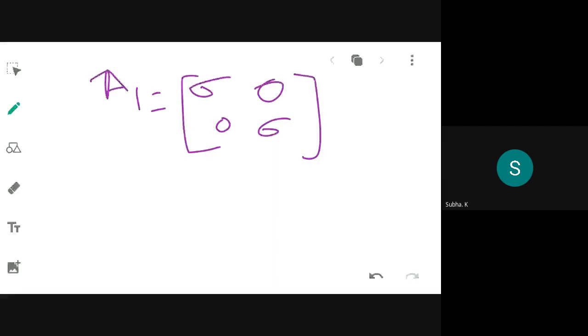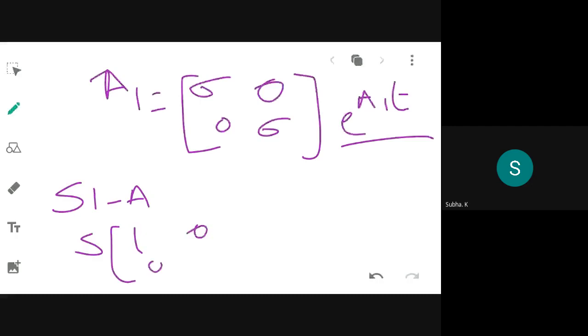So they have asked you to find e power A1 t. First, let me find it. So sI minus A I have to find first. So s 1 0 0 1 minus sigma 0 0 sigma, like that you have to put.